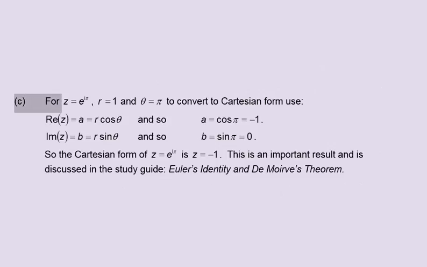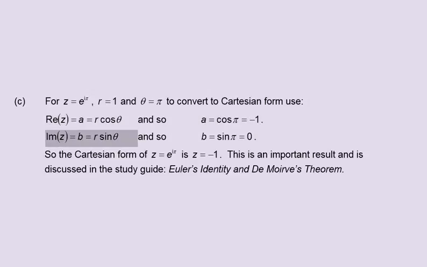C. For z equals e to the power i pi, r equals 1 and theta equals pi. To convert to Cartesian form, use the real part a, which equals r cos theta, and so a equals cos of pi, which equals minus 1.